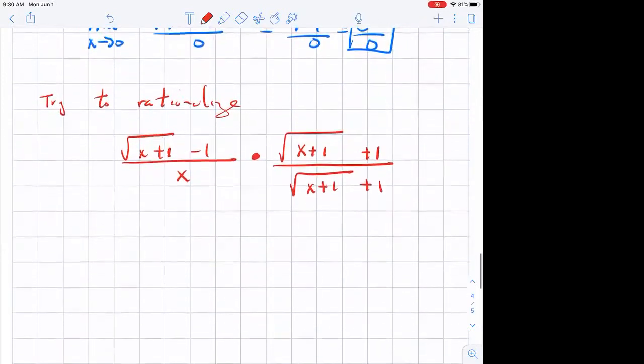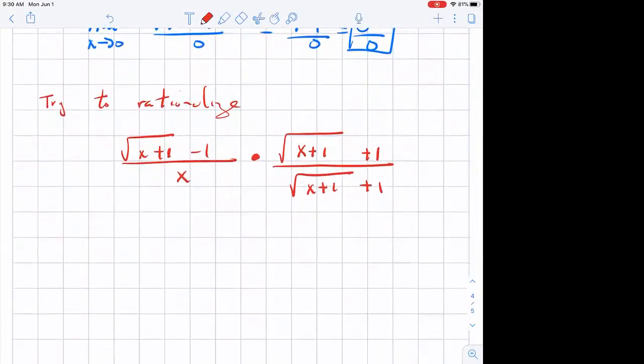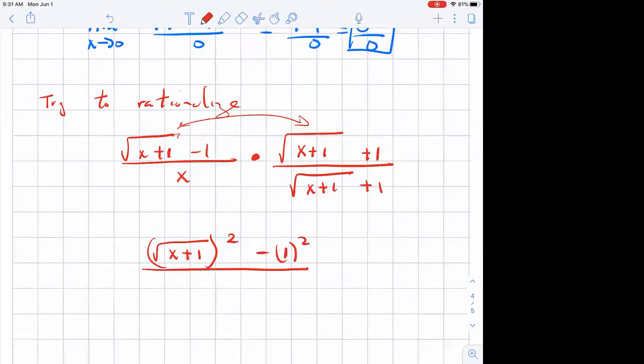Now notice the top is a difference of squares. When you multiply by this, you're going to get the square root of x plus 1 squared minus 1 squared. And then when you multiply with the bottom, you're going to get x times the square root of x plus 1 plus 1.